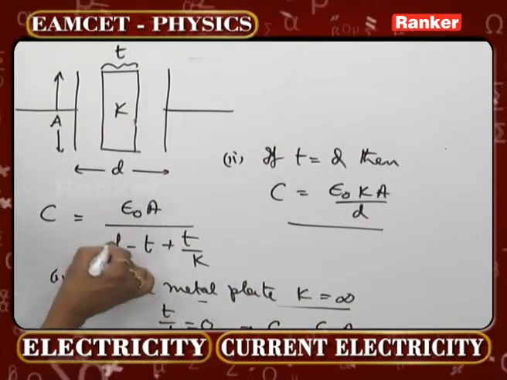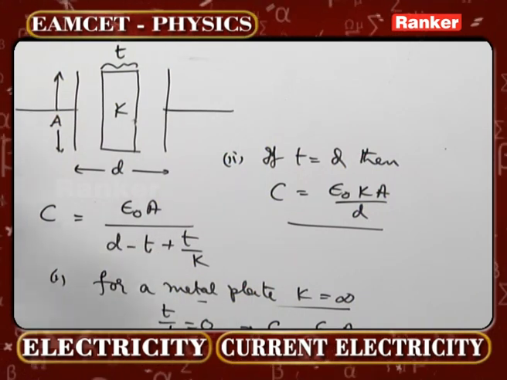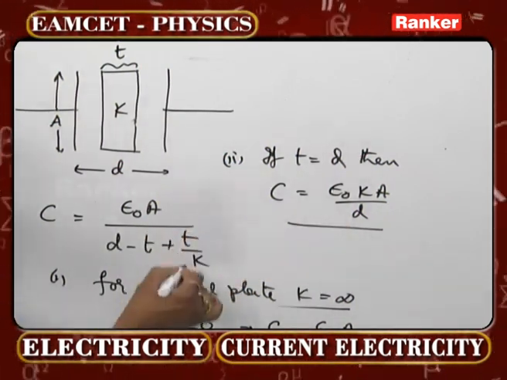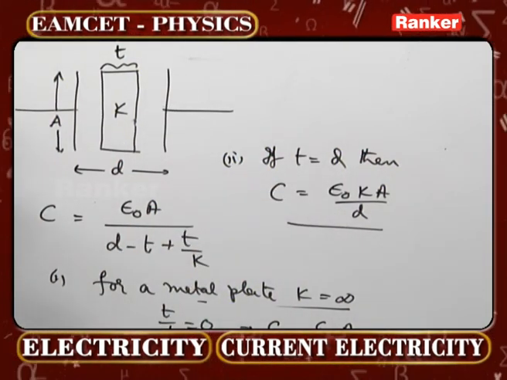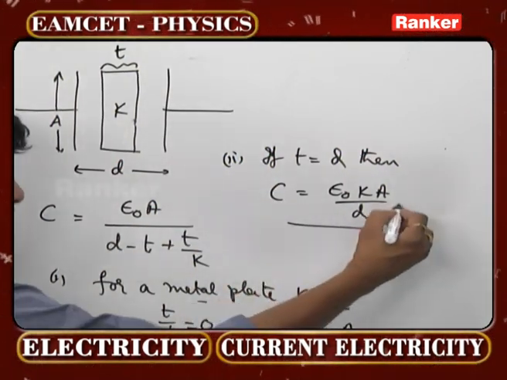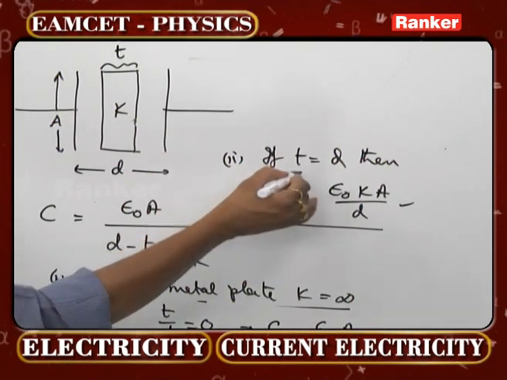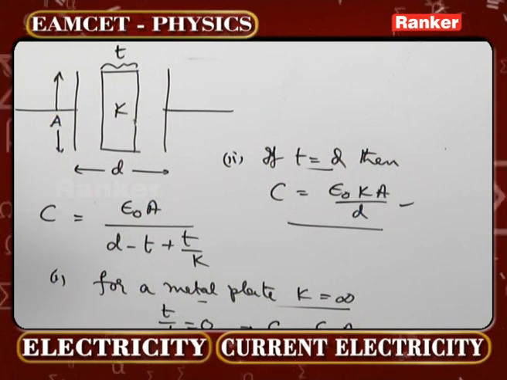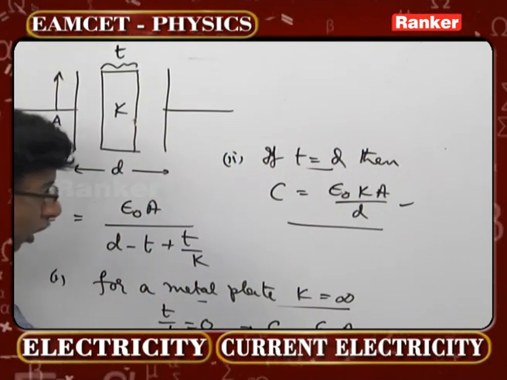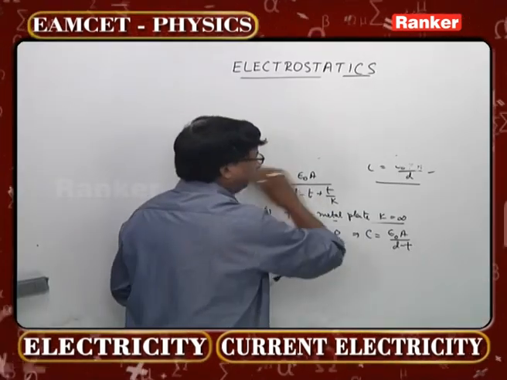T and D get cancelled; in place of T I can write D there. D by K, with K going up to the numerator, becomes epsilon naught K A by D. This is the formula by means of which under this particular condition one can calculate the capacity of a parallel plate capacitor. Now come to two more points over here, please.